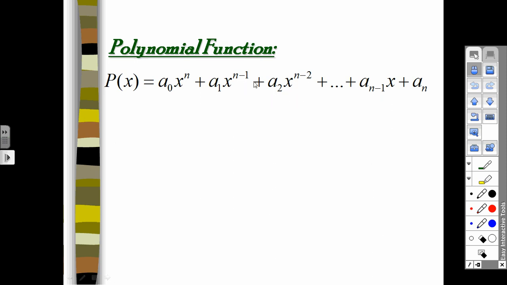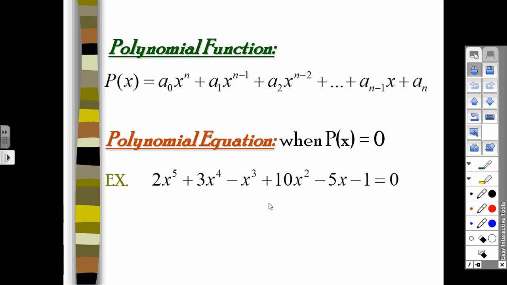So it might look like it decreases by 2 when you get from one term to the next, but it is technically still there. Decreasing until you get all the way down here where x is raised to the 1 power, so it's just x, and then you have the term where x is raised to the 0 power, and it's just equal to 1. Okay, so that's your general form, so don't let this freak you out or anything.